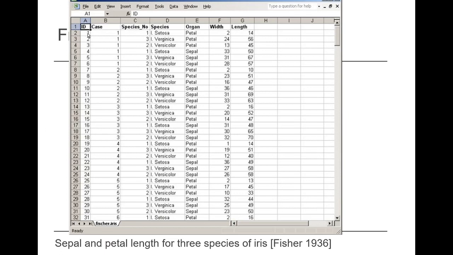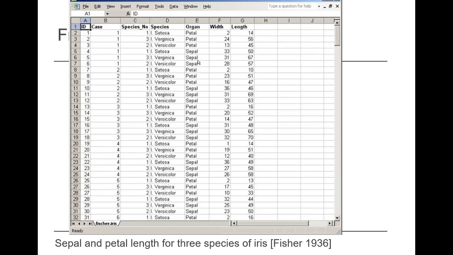What's being shown here is a table where this variable is the ID, a case number, species number, which is 1 through 3, so that's treated nominally, the species name, and 1 is Setosa, 2 is Virginica, 3 is Virginica, 2 is versicolor. And what's being measured here are the petal width and length and sepal width and length.